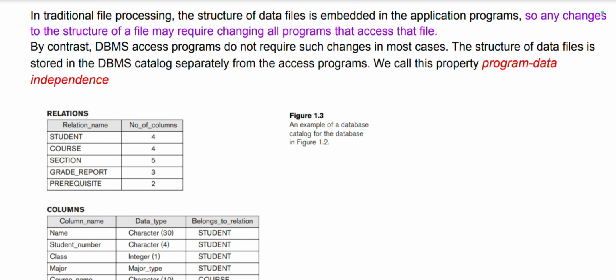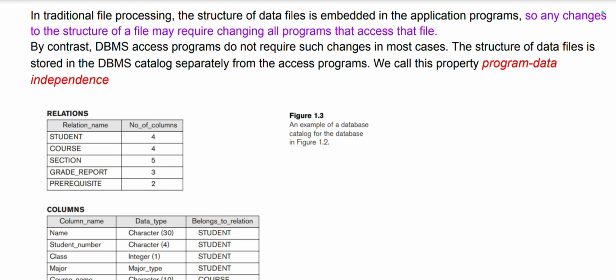Any person who wants to use this database will first check the catalog, and he will read that student has 4 columns. Then he will access only those 4 columns, not more than 4.